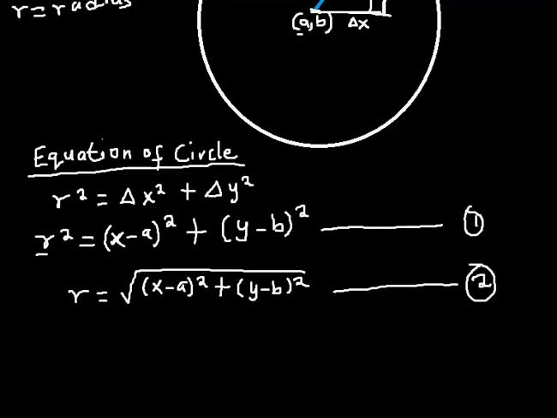The question goes like this: find the equation of a circle with center coordinate (2, 3). Then of course the radius, and the radius is equal to 4. As simple as that. Okay, so solution.